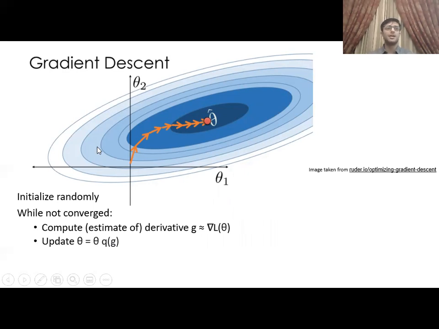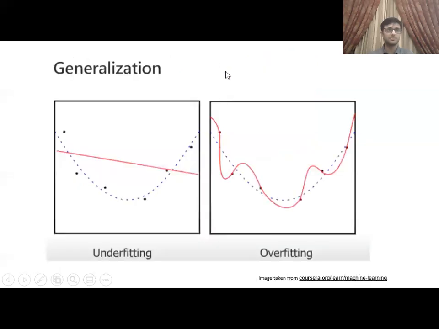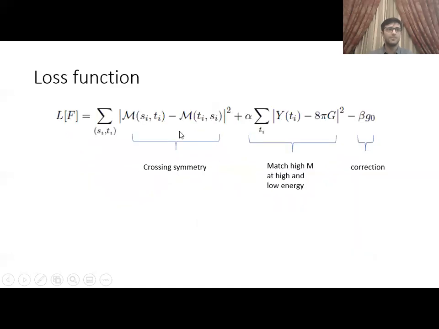It's a very old and widely used method where you initialize at a random point, and using small step sizes, while it has not converged, you compute an estimate of the derivative of the loss function, and then you update your theta. Hopefully it will converge to a nice point. The aim of neural networks is that when you introduce new data, it neither underfits nor overfits. It's made well enough that it fits quite well.